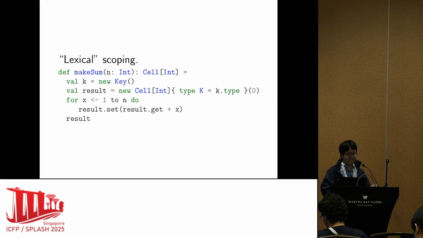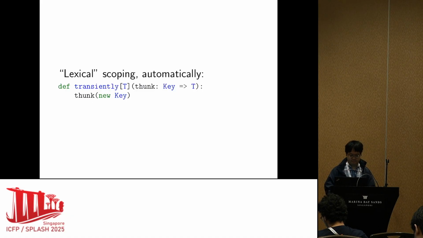Since the key isn't escaped out of makeSum, I know that the result can't be mutated outside of makeSum either.